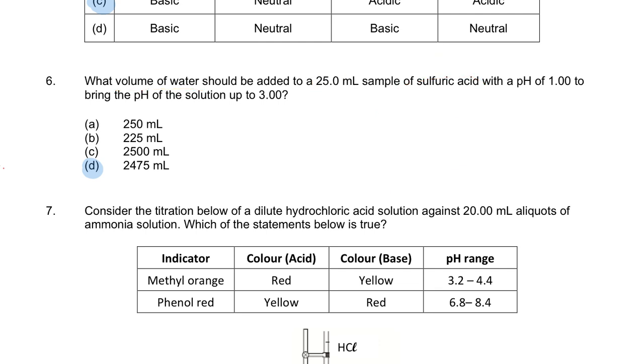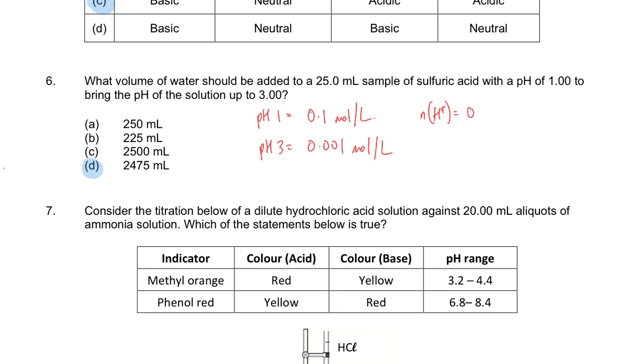All right, you can also work this out by calculation. So by calculation, what you would do is say, okay, I've got a pH 1 solution, which is effectively 0.1 mole per liter, and a pH 3 solution, which is effectively 0.001 mole per liter. So I can work out the number of moles of H+ ions I have in the 25 mL sample.